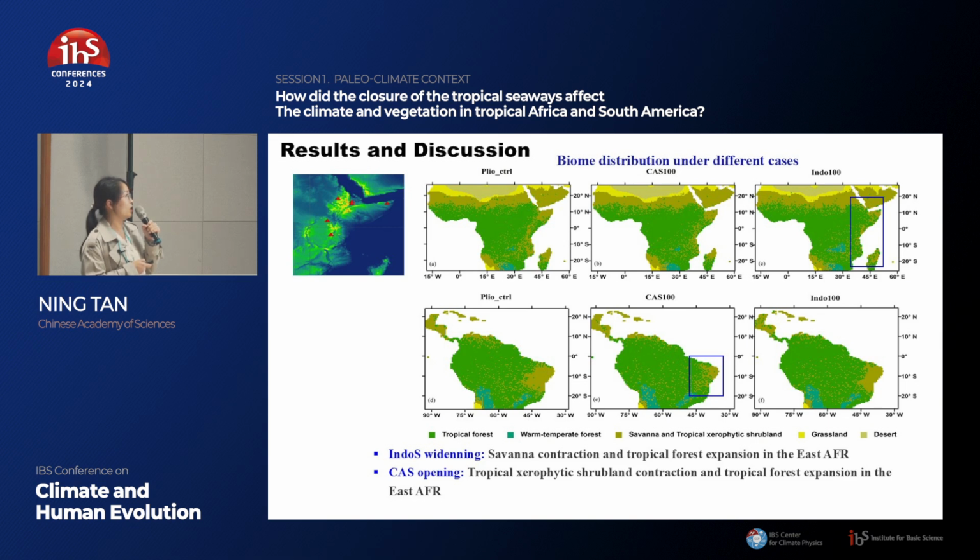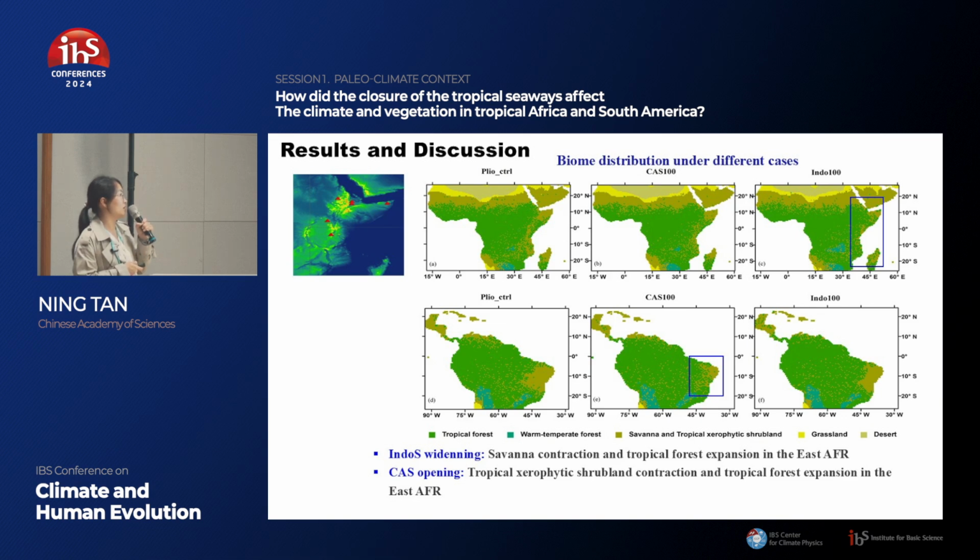So this is the biome distribution under these two single seaway conditions. When comparing the widening of the Indonesian seaway with the control, we can see the expansion of tropical forest, also extending to the south and the Madagascar island.